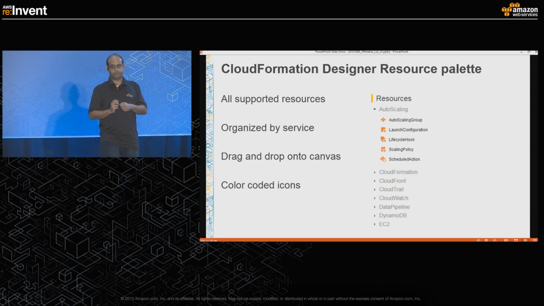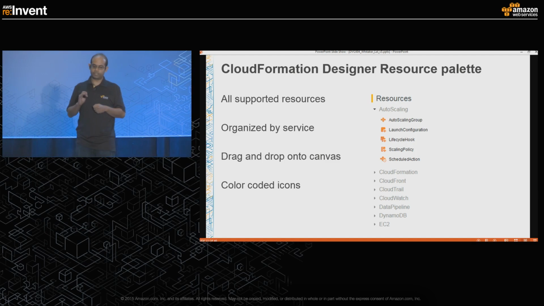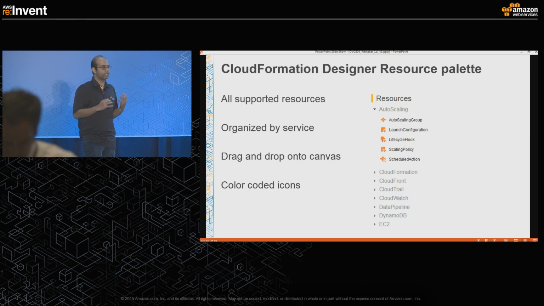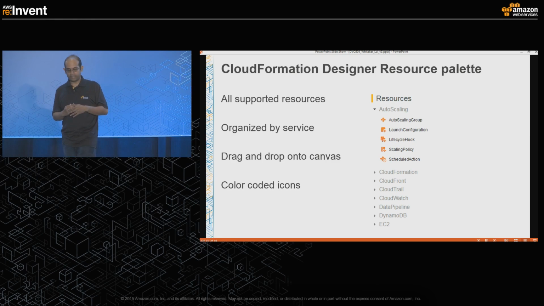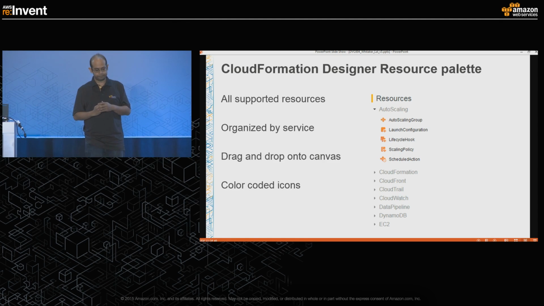The resource palette. This will contain all of your supported AWS resources, which CloudFormation supports. It's organized by service, and you can drag and drop this onto the canvas. We've used the same color coding for icons that you see in all of the AWS services, so that should help give you visual clues on that.